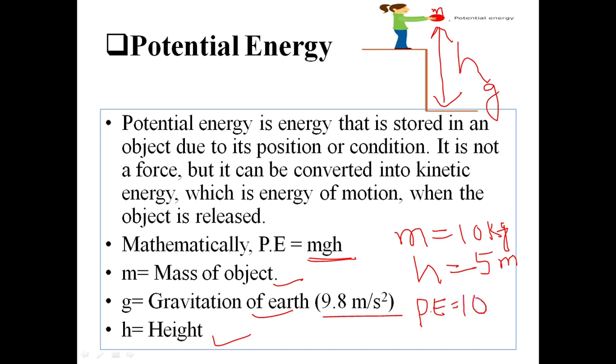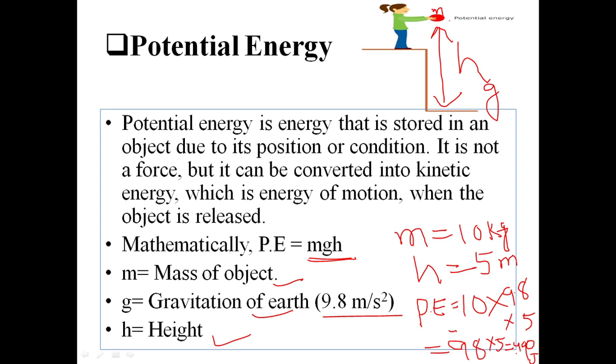Mass is 10 multiplied by 9.8 multiplied by height 5. 98 times 5 will be 490 joule.